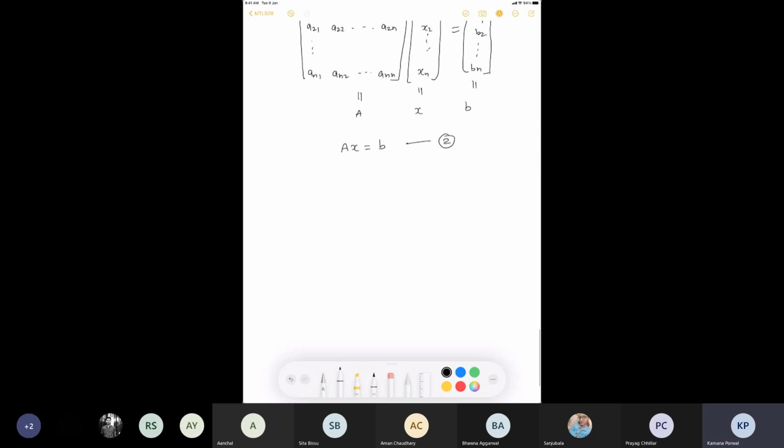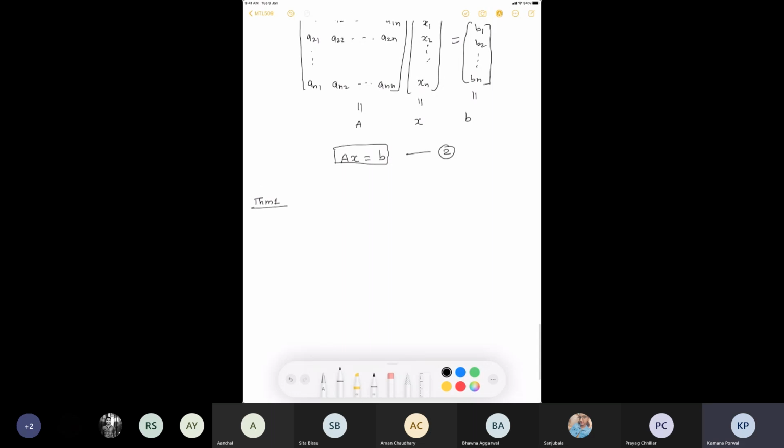So let's review one result concerning the solvability of this system. Let me state this as a theorem. When does this system have a unique solution? What properties on the matrix A do we need? I think you all will be familiar, right? You need the invertibility of the matrix A. Determinant non-zero.